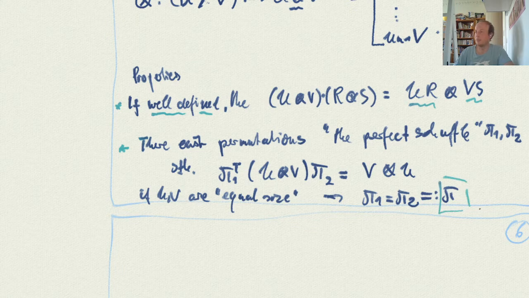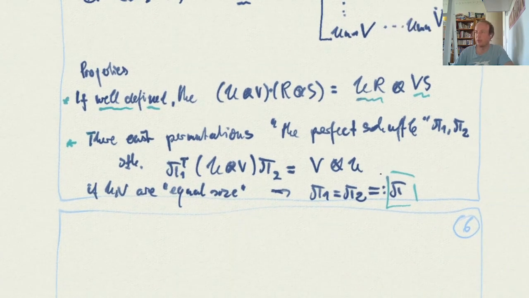If these matrices U and V have the same size, then they can be resorted by just one permutation matrix.